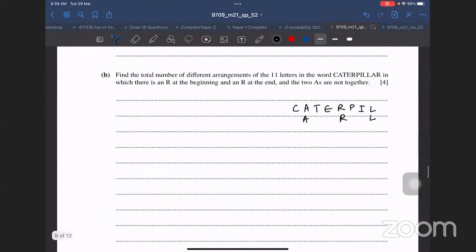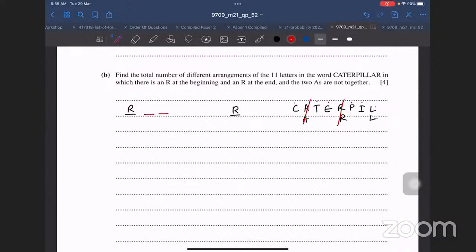Okay, find the total number of different arrangements of the 11 letters in the word caterpillar in which there is an R at the beginning and there is an R at the end, and the two A's are not together. So what I could do is find the total number of arrangements with A's together and then subtract them. Or I could also do this: leaving out the A's and putting out the R's, I have 1, 2, 3, 4, 5, 6, and 7 letters.